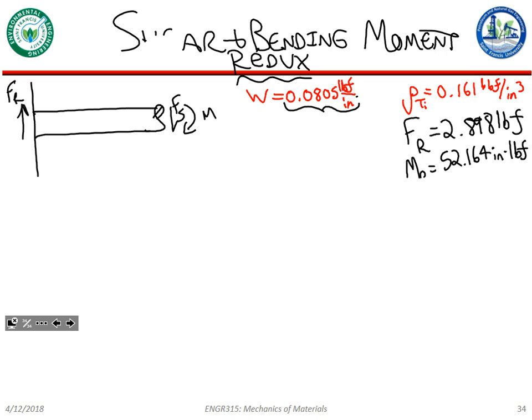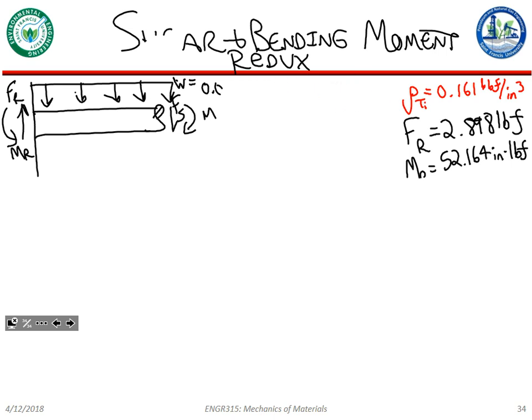FR, MR. W equals 0.0805 pounds per inch.